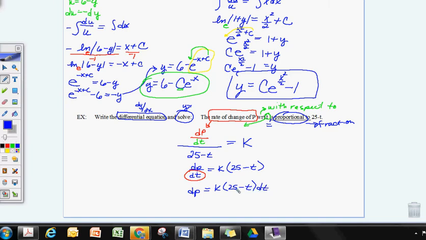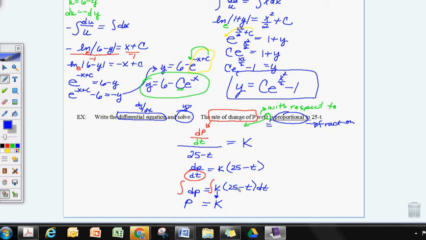Okay, so now how would we get the p by itself? Well, we're going to have to integrate it. So when I integrate it, here's the fun stuff. dp becomes p equals. K is where our coefficient would be, so the k just comes down.